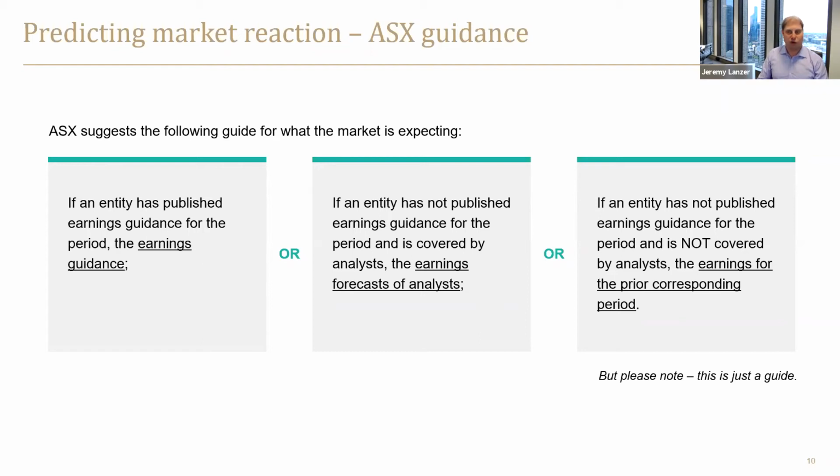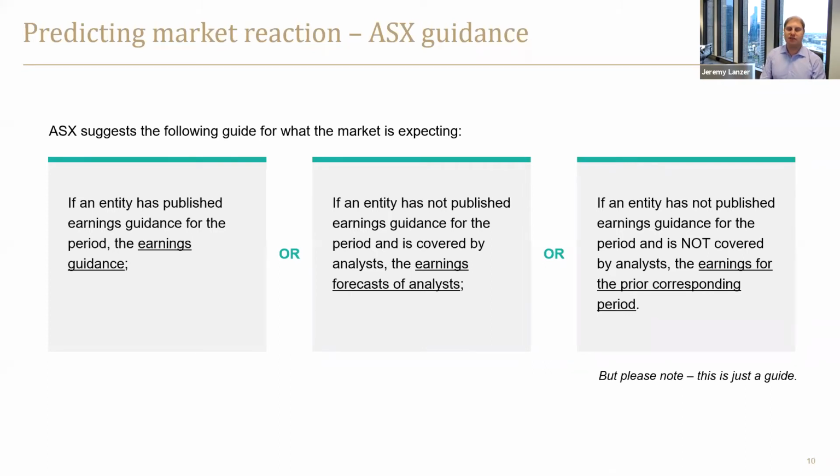So if we're in that environment, or otherwise just in an environment where we don't provide earnings guidance for whatever reason, and a lot of companies choose not to, then what does the market expect if we haven't told them what to expect? Well, in many cases, there are analysts, brokers who publish reports on companies for their clients, and they often provide an earnings range or other guidance for their clients.